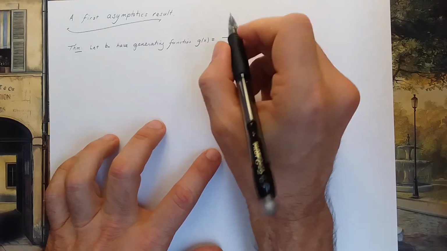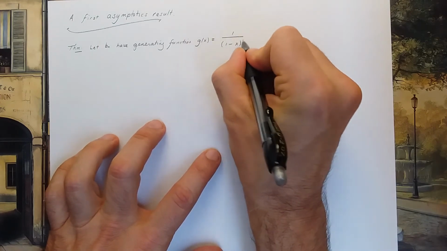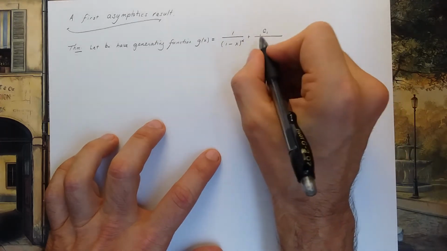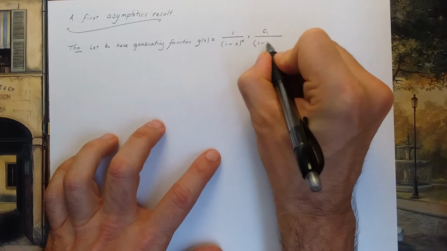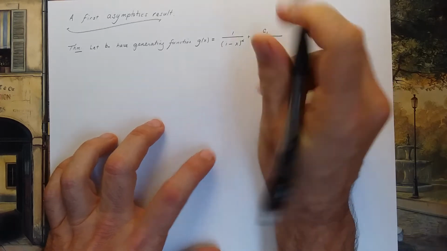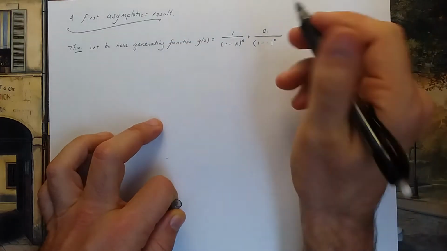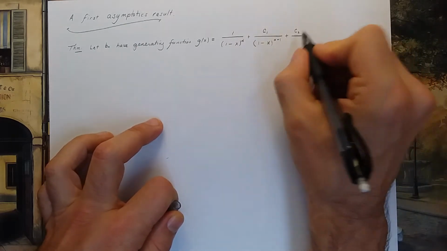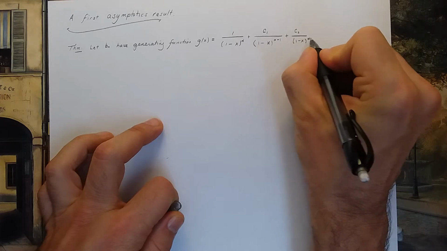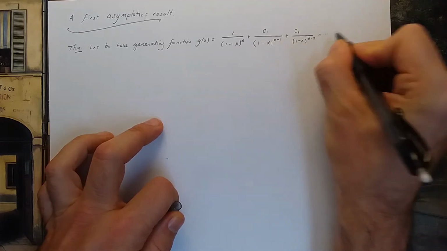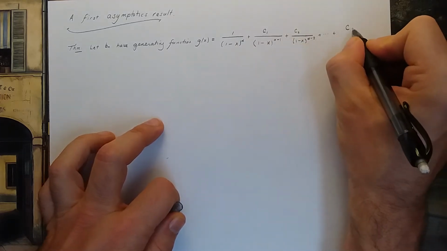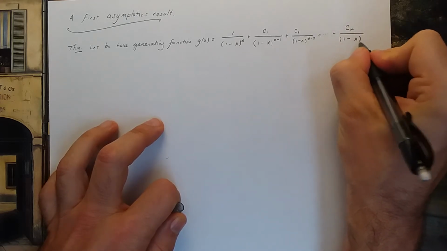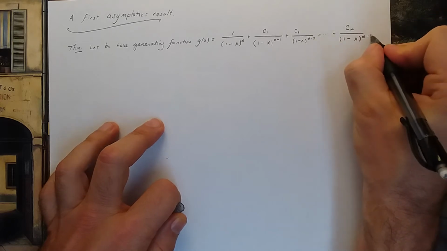It's 1 over (1 minus x) to the alpha power, plus some constant c1, it could be any constant, times 1 over (1 minus x) to the alpha minus 1 power, plus any constant c2 times 1 over (1 minus x) to the alpha minus 2 power, all the way down until I get to some constant ck over (1 minus x) to the alpha minus k power.